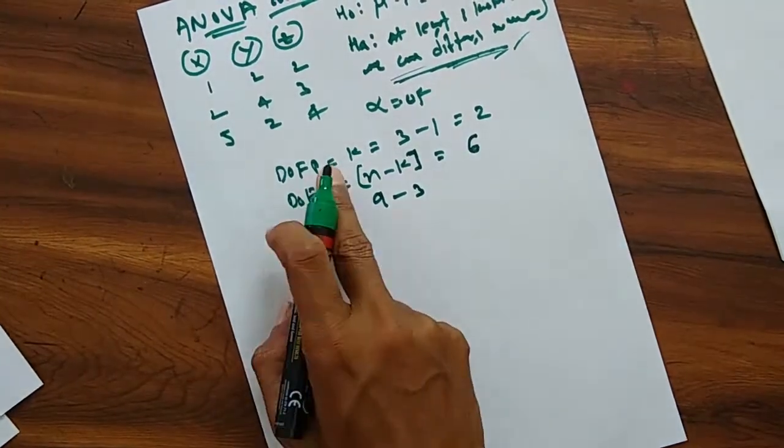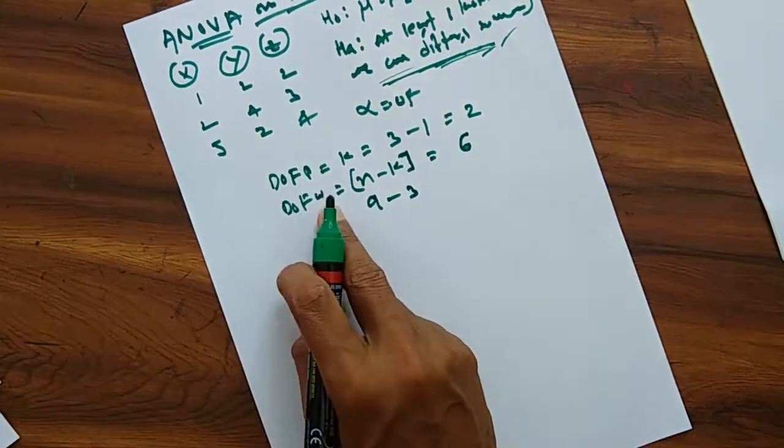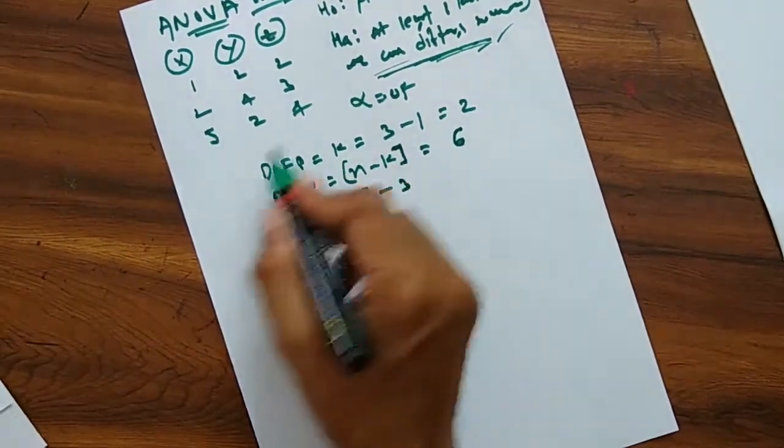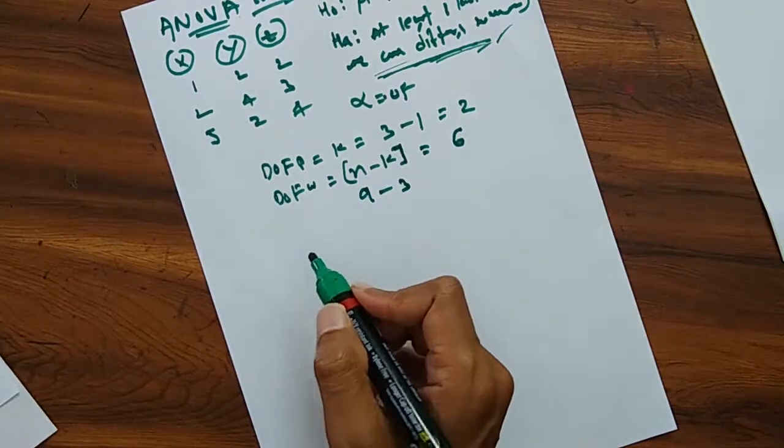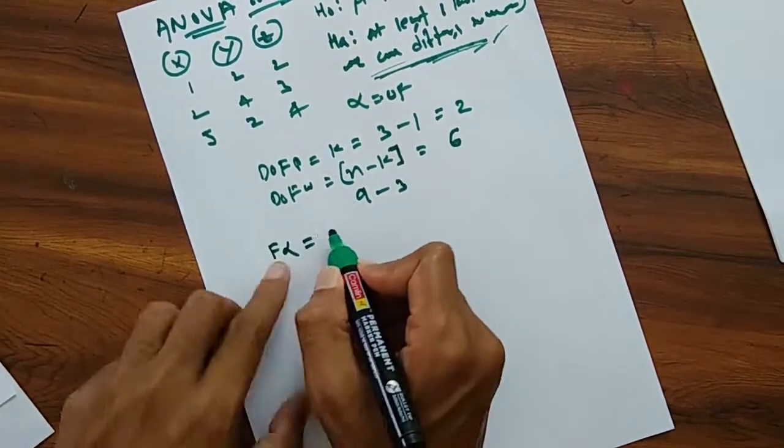So we know the degree of freedom between groups and the degree of freedom within groups. These two things will help us find the F alpha. What is the F alpha equation?